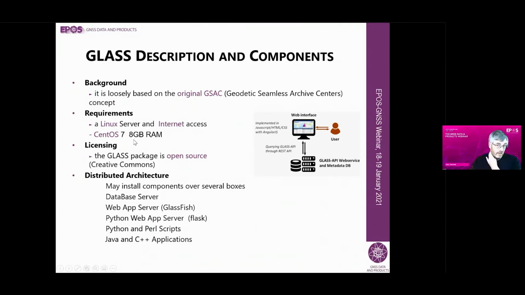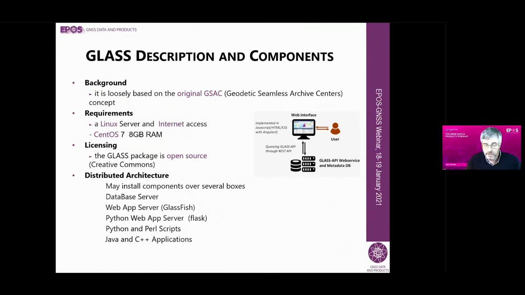Okay, if you're interested in installing this software, well, the background, it's loosely based on the original GSAC software concept from UNAVCO. I say loosely because it's basically just the idea of GSAC, having a database and an API on top of it.